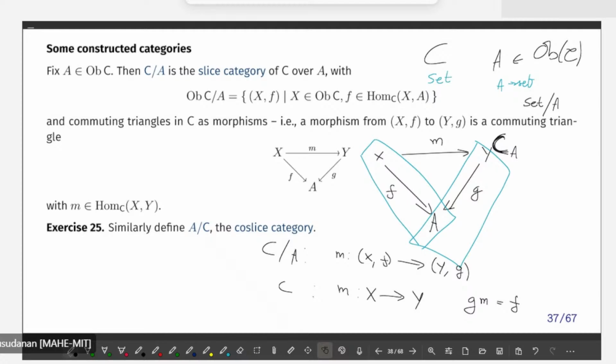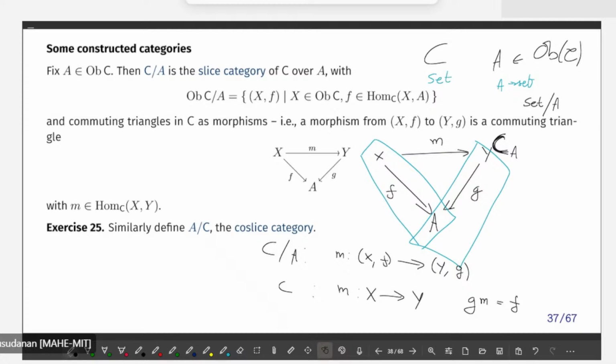Of course you can change the definition and get some other category, but intuitively this definition makes some sense. It can actually have some uses when you think about it in light of other definitions. So this is a new category called the slice category.